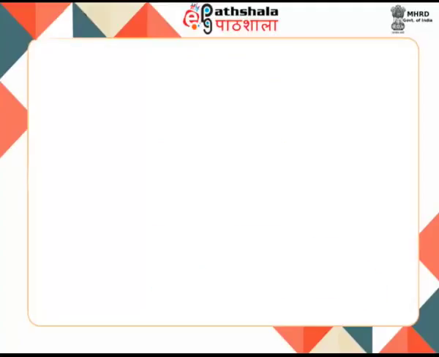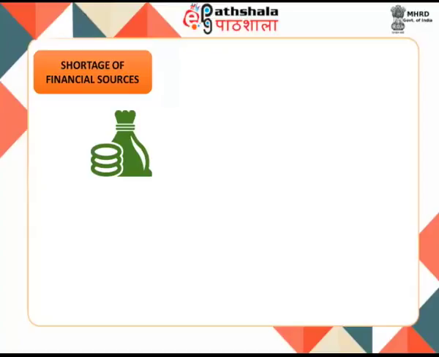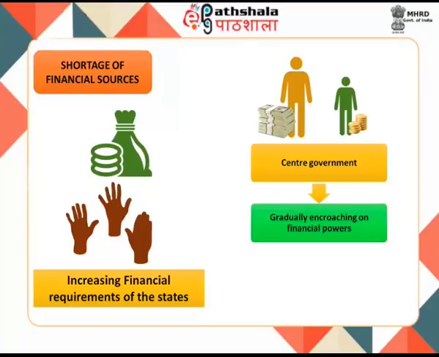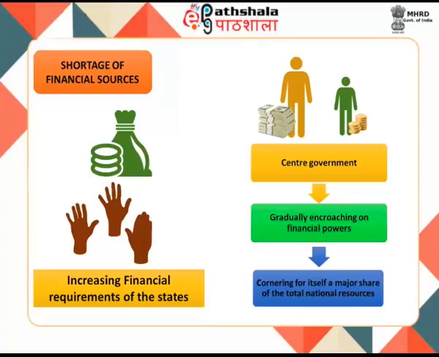Another problem for all the state governments is the shortage of financial sources within the present structure of center state relations. On one hand, the financial requirements of the states are vastly increasing, and on the other hand, the center has been gradually encroaching on financial powers and cornering for itself a major share of the total national resources.